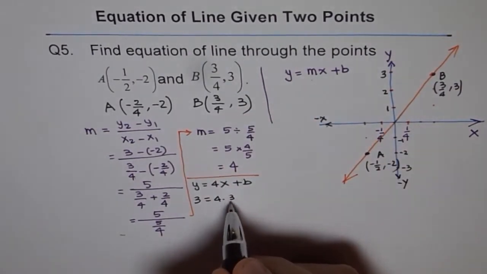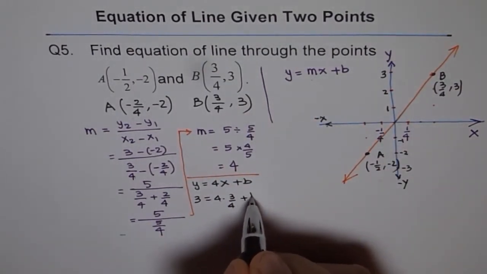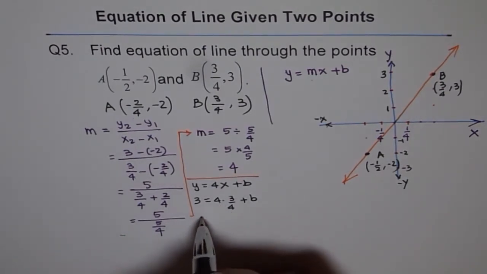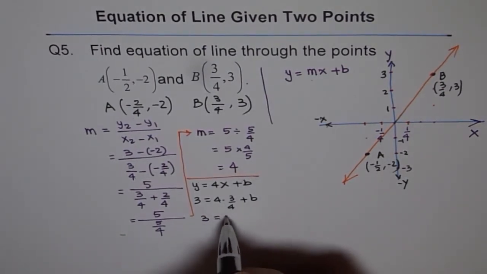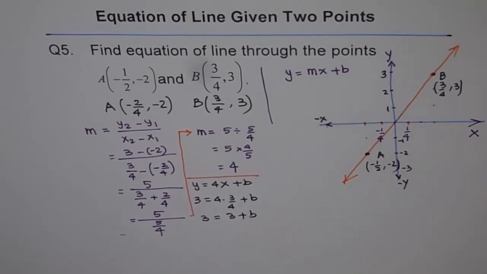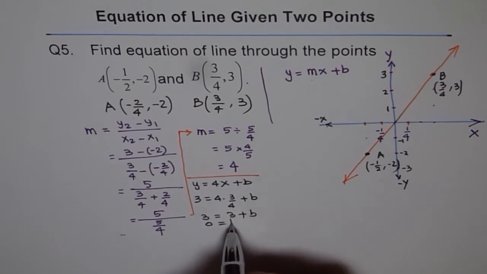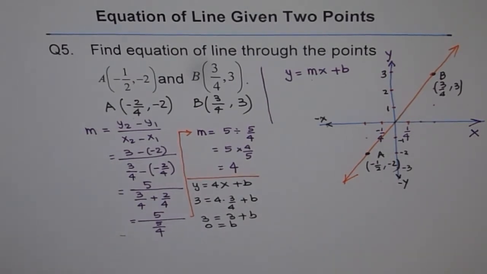Let's write 3 over 4, plus b, correct? Now 4 and 4 cancel out. And we get 3 equals 3 plus b. Good job. 3 is equal to 3 plus something, and that something should be 0. Only then 3 is equal to that, right? Or you can say b is equal to 3 minus 3. Perfect. And therefore, we get 0 equals b, or b equals 0.